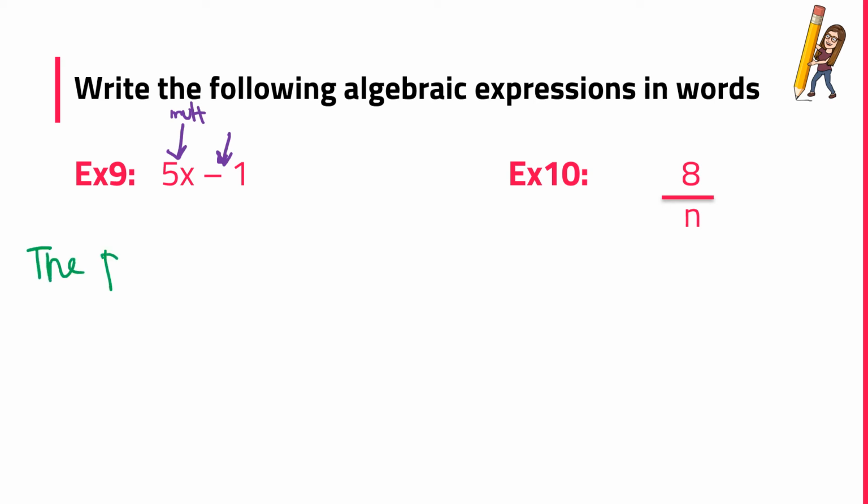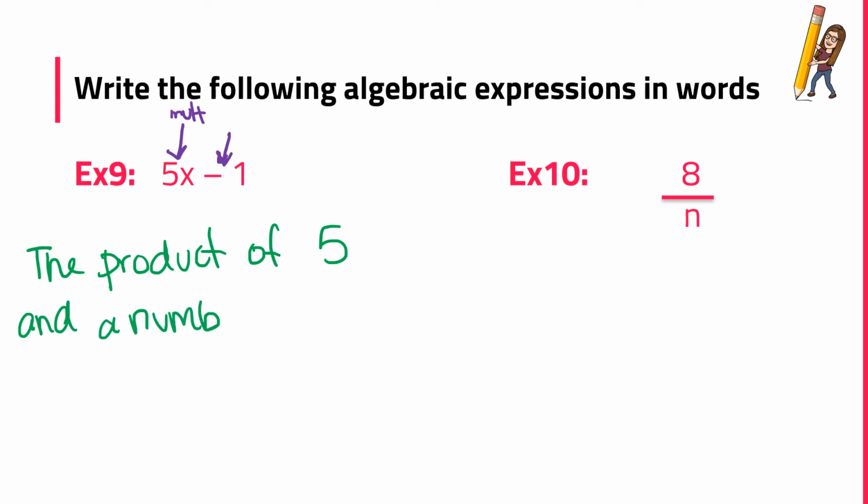I'm going to say this time, the product of 5 and a number x, subtract 1. You could say minus 1.